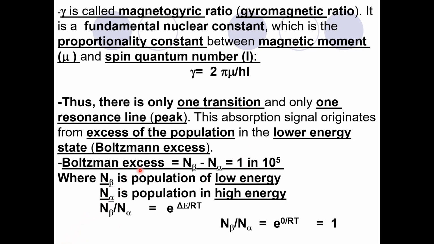This is the Boltzmann excess: 1 for each 200,000 protons, or 13 for 1 million protons.